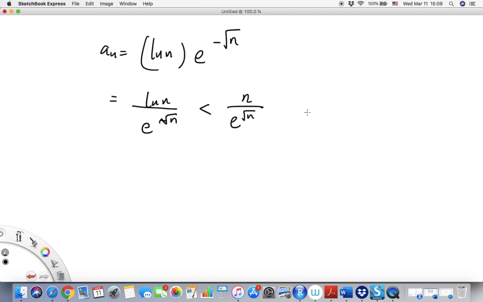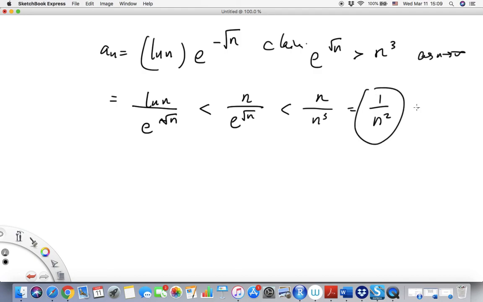So claim: e to the square root of n is going to be greater than, say, n cubed. Then as n goes to infinity, this would be less than n over n cubed, which is 1 over n squared, and we know this is convergent.